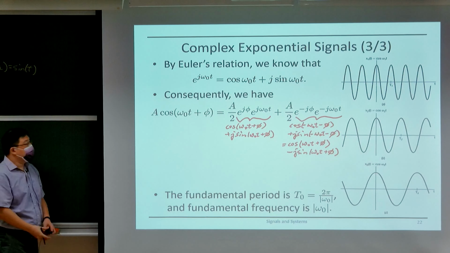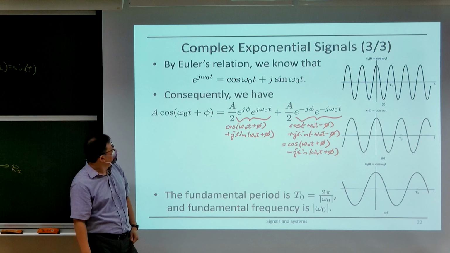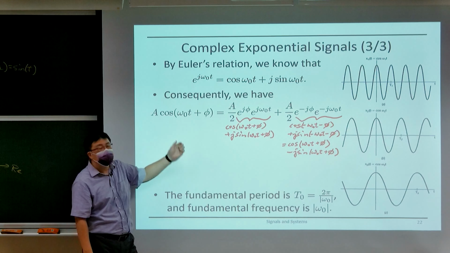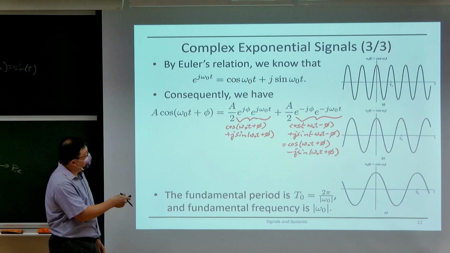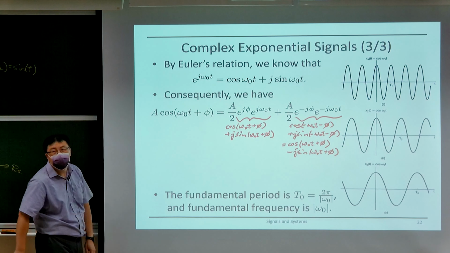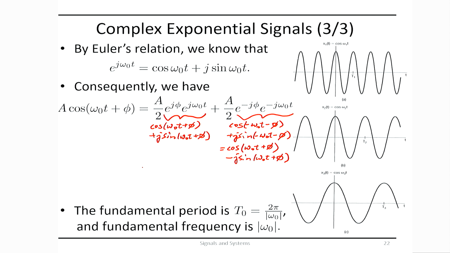Alternatively, you can see that this is actually this part here times 2. So we can write this as the real part of e to the j phi times e to the j omega naught t.